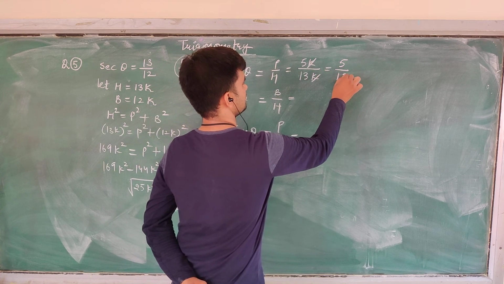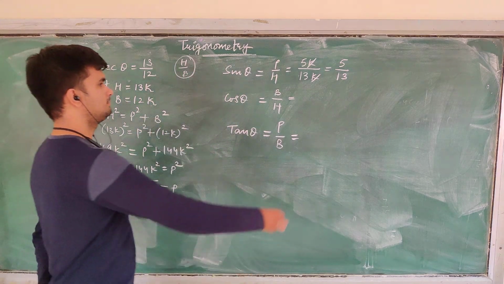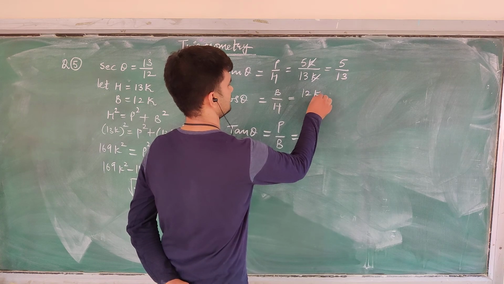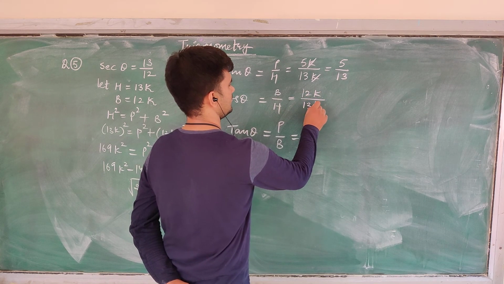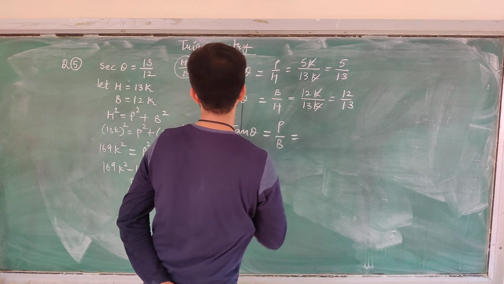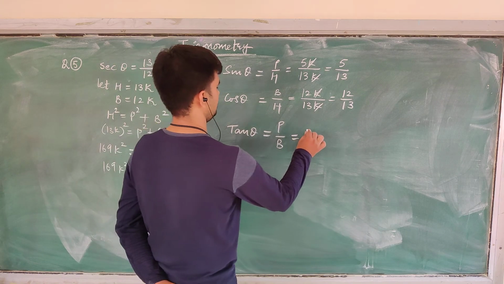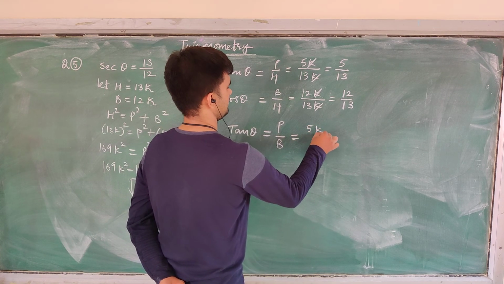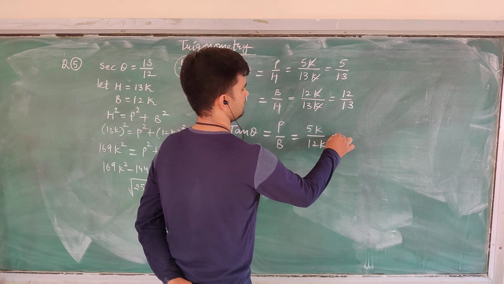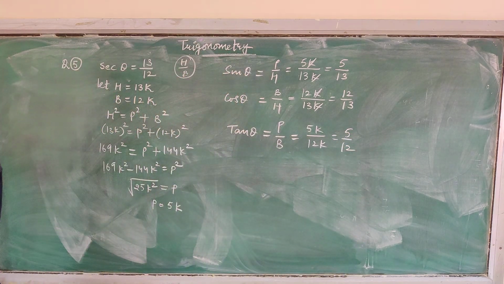So sin theta is 5 by 13. Cos theta is B by H, 12k upon 13k. It is 12 by 13. Then tan theta is P by B. Means 5k upon 12k. It is equal to 5 by 12.